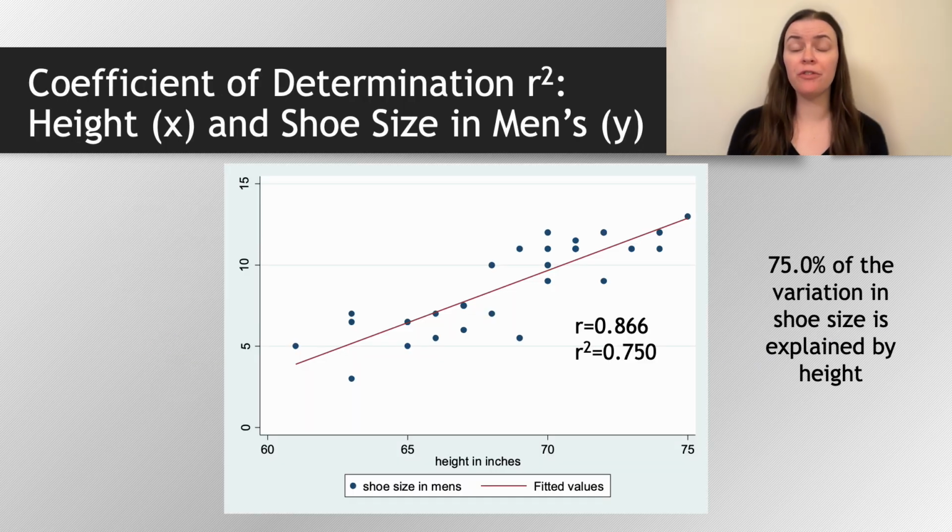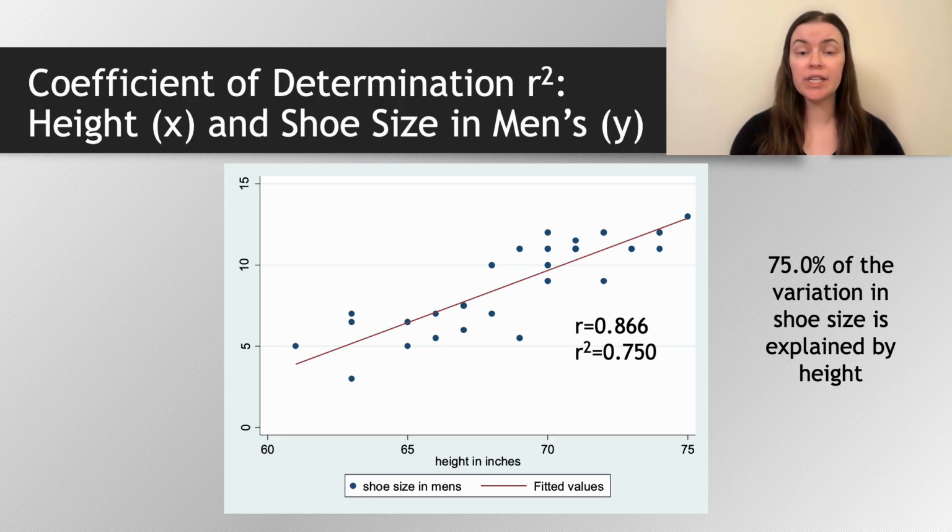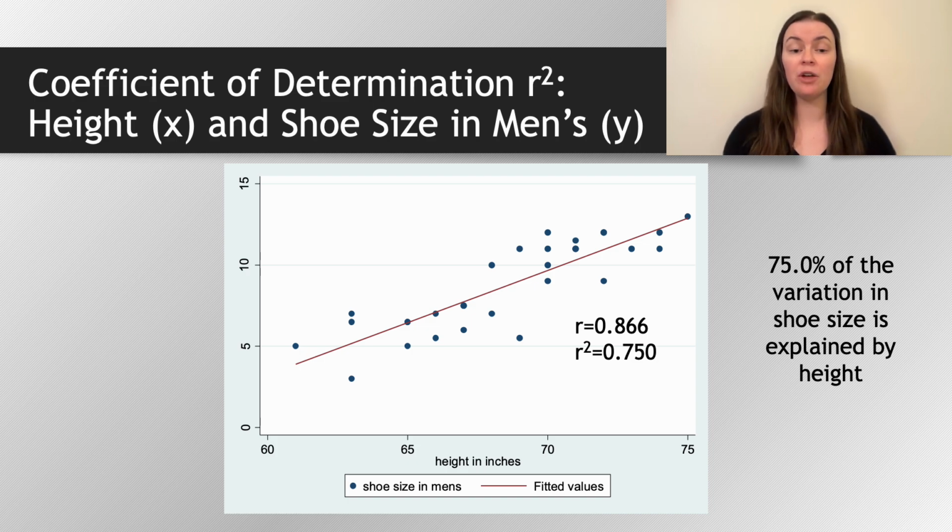So thinking back to our first scatter plot example, not only can we assess Pearson's R, which tells us the strength and direction of the relationship and association, now we can take a look at R squared and evaluate the amount of variation that these two variables are accounting for on one another. All you have to do is take Pearson's R, which was a value of 0.866, and square it, or in other words, multiply it by itself.